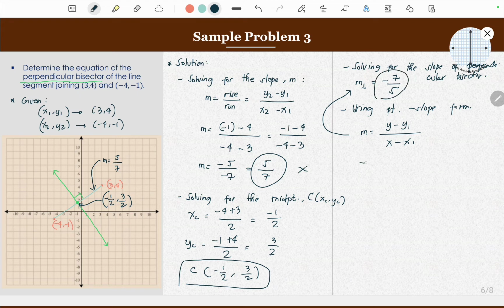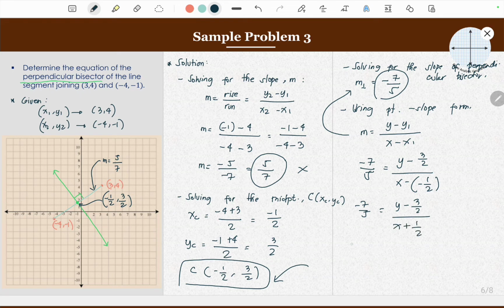So this is negative 7 over 5 equal to y minus, so what is y sub 1 and x sub 1? This is the point on the perpendicular bisector, which is the midpoint. Therefore, this is y minus 3 halves over x minus negative 1 half. Simplifying, we have y minus 3 halves over x plus 1 half.